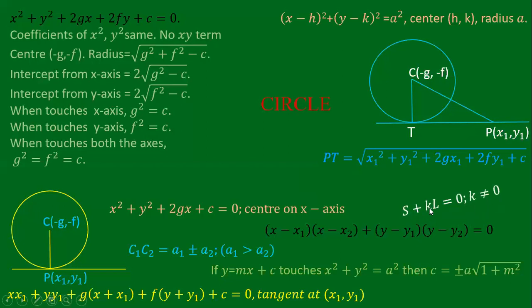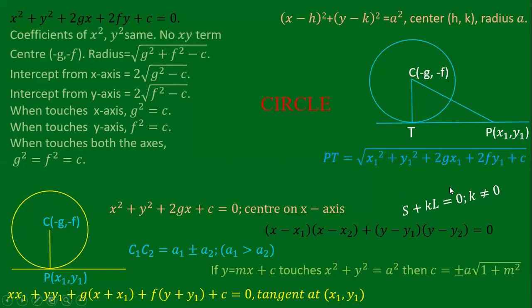S plus KL is equal to 0. This is the equation of a circle which passes through the intersection points of a circle S and a straight line L. S is a circle and L is a straight line.